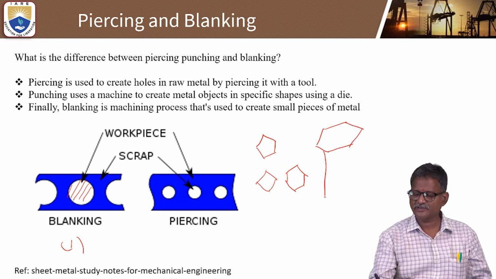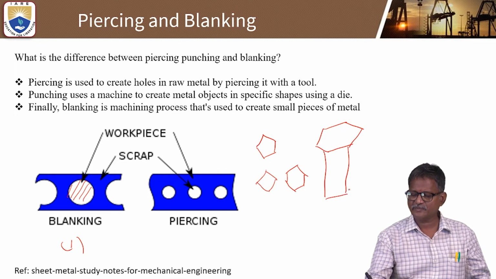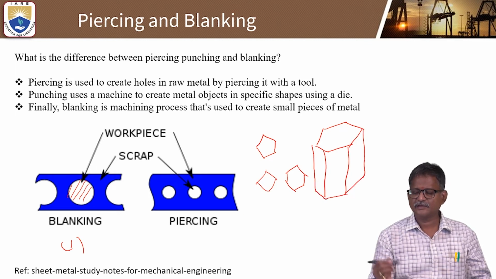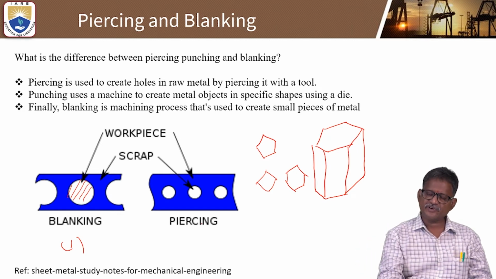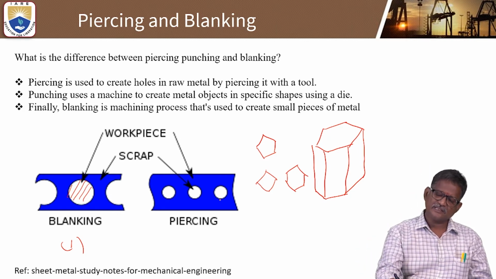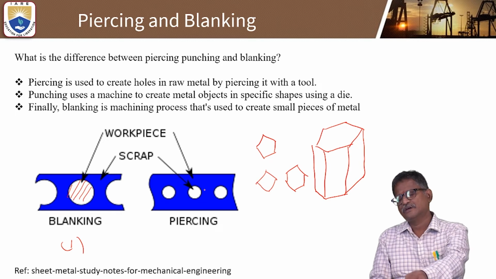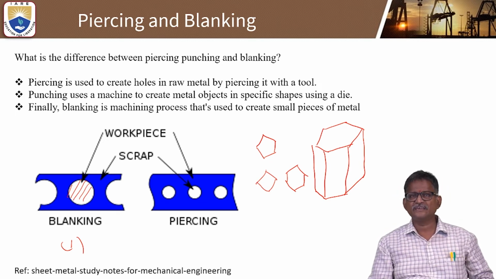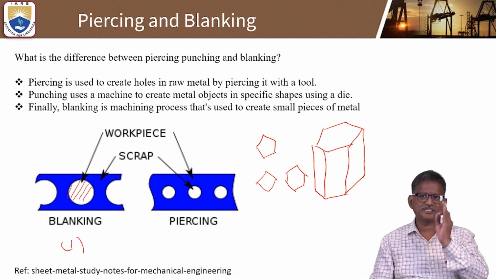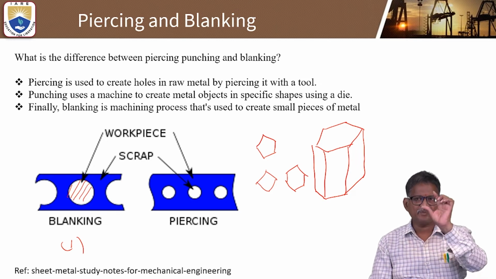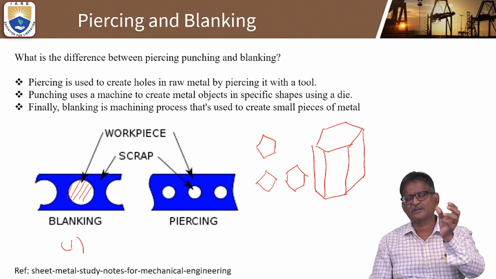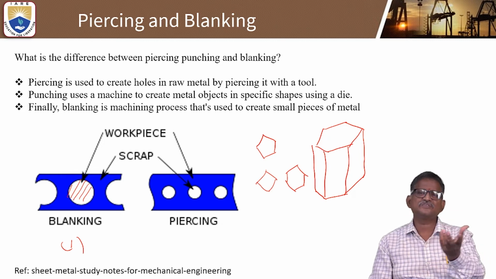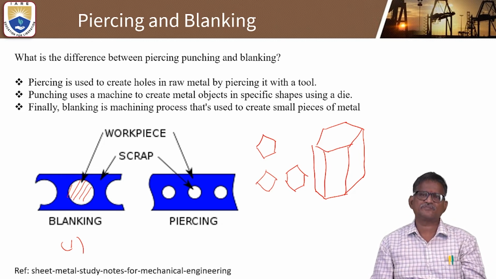So when you want this type of hole, this punch can be provided here. Obviously, instead of circular, a hexagonal shape can be obtained. That is why, whatever shape you want to create, that type of punch or die should be used so that the required shape of the hole can be obtained.